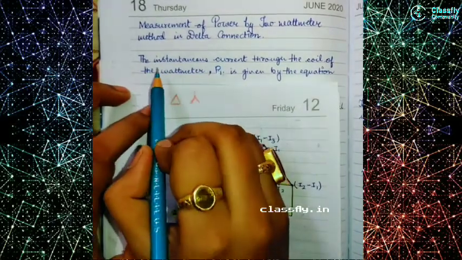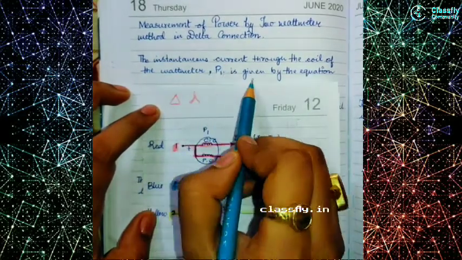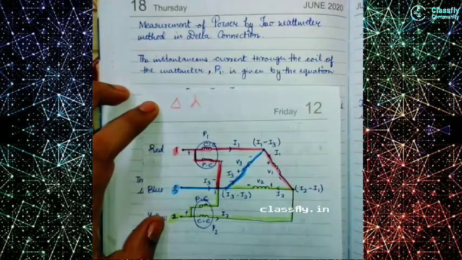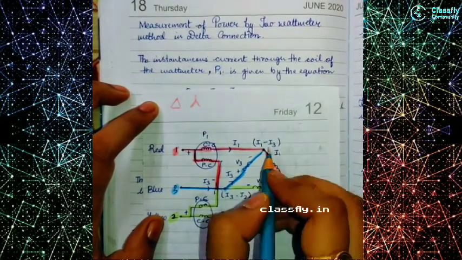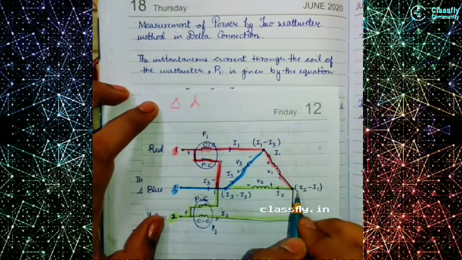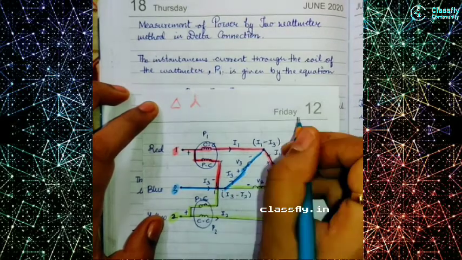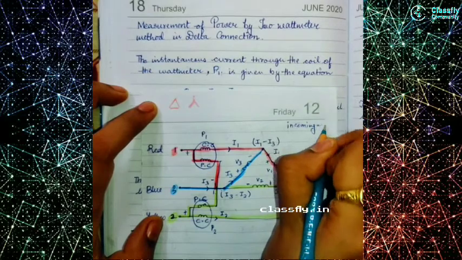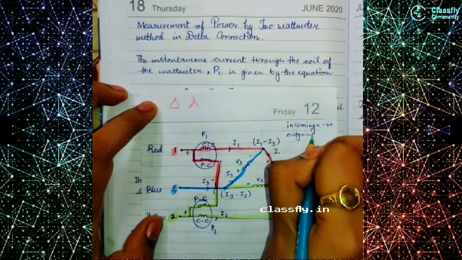So see what it says. The instantaneous current through the coil 1 of the wattmeter P1 is given by the equation. We have to find the instantaneous current for this wattmeter P1. You can see that at this point I1 is outgoing, whereas I3 is incoming. Here we have taken that incoming is negative, whereas outgoing is positive.